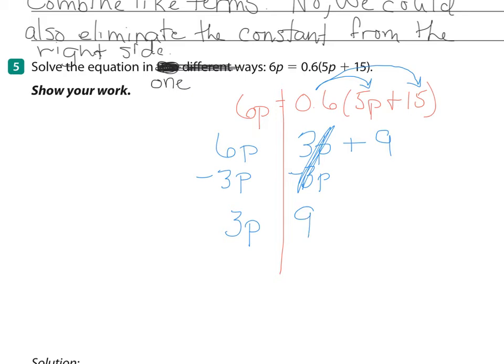Next step would be to eliminate any constants from the other side, and there are no constants left. So then I eliminate the coefficient by using inverse operations, and in this case I would divide both sides by 3 to eliminate that coefficient, and p is equal to 9 divided by 3, which is equal to 3.